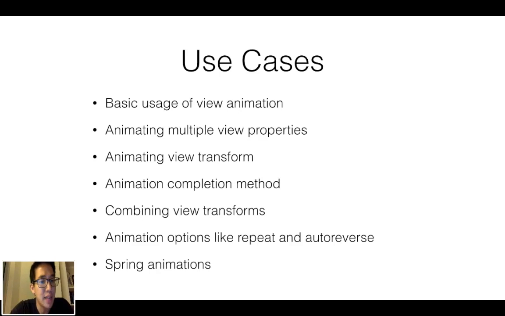There are a lot of libraries that help simulate spring actions that are really handy. I think Facebook has published a few of those. Spring animations is one that's built in by default in iOS, and I'll show you that one as a final touch, the last use case that we cover.